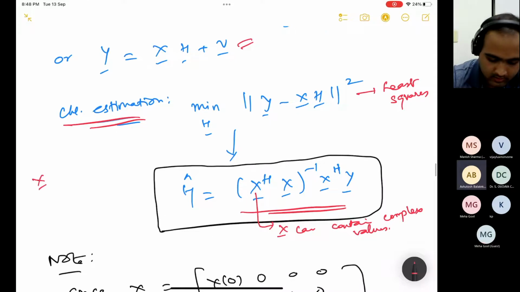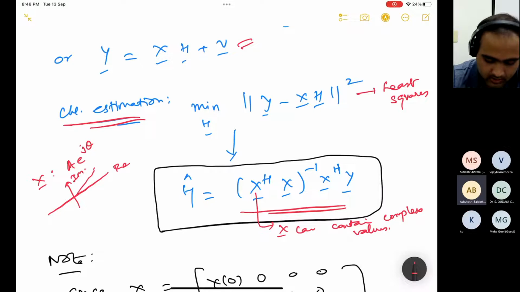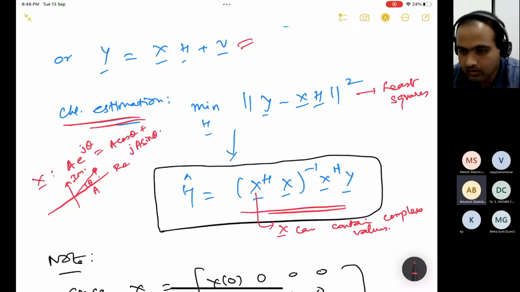Our x can be of the form a e to the power j theta, with a real part and an imaginary part. And a e^(j theta) is basically some a with some angle theta, so this will be a cos theta plus j a sin theta.